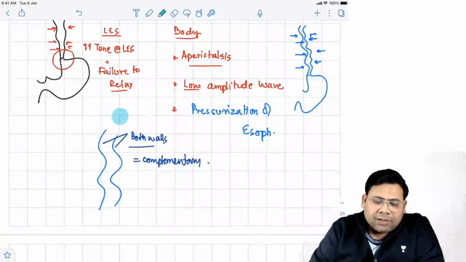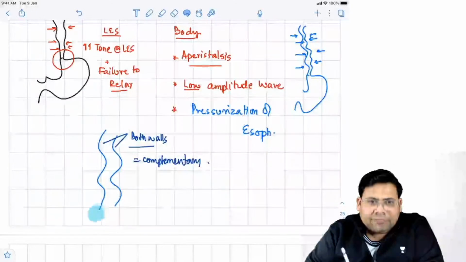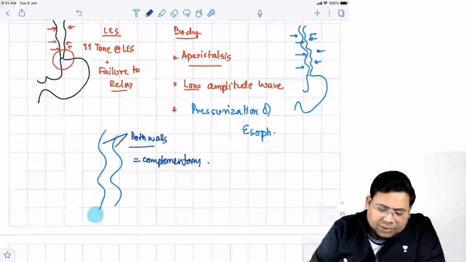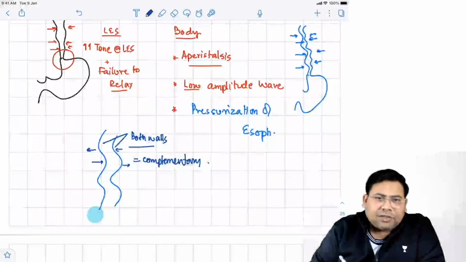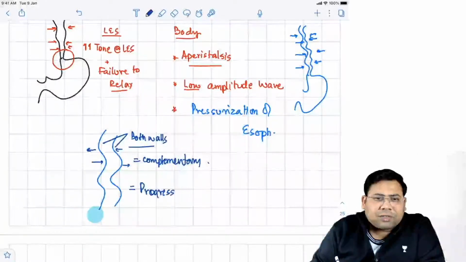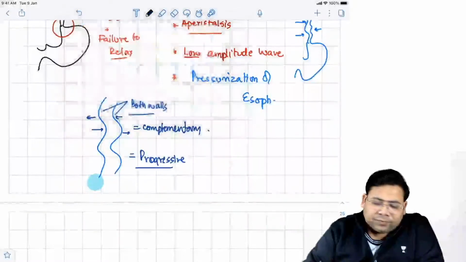If this is a bolus of food, it will slide along easily. Why? Because if there is elevation on this side, there will be depression on the other side. This is progressive peristalsis. What happens in Achalasia? Let's see.